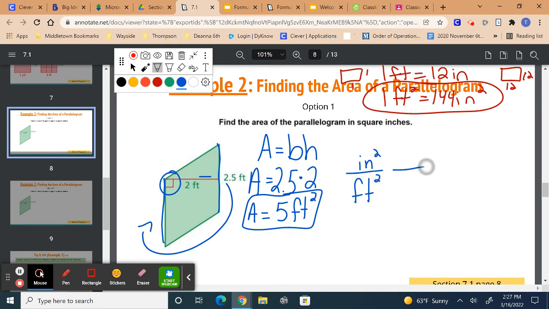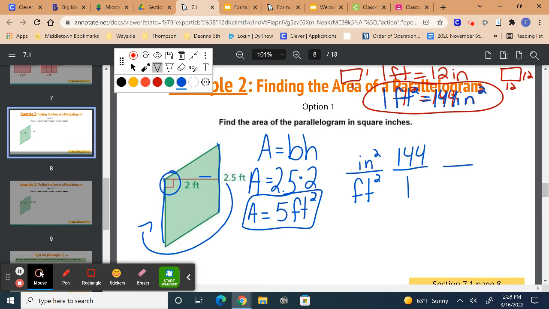So what's my inches squared? It's all up here. 144. And what's my feet squared? You guys, it's all up here. Oh, 1. Yeah. Okay, so it's 1.